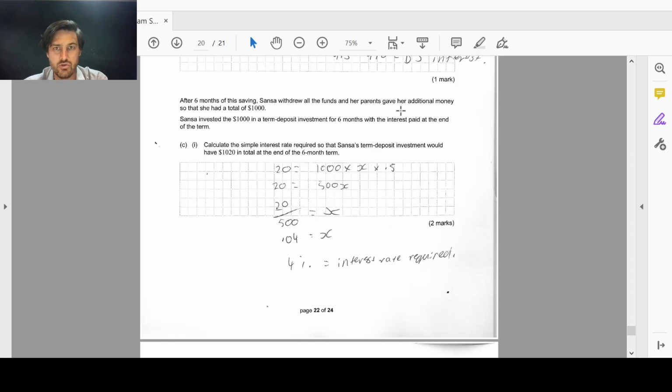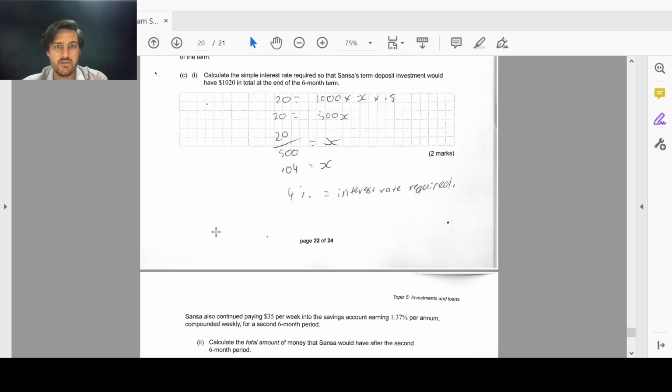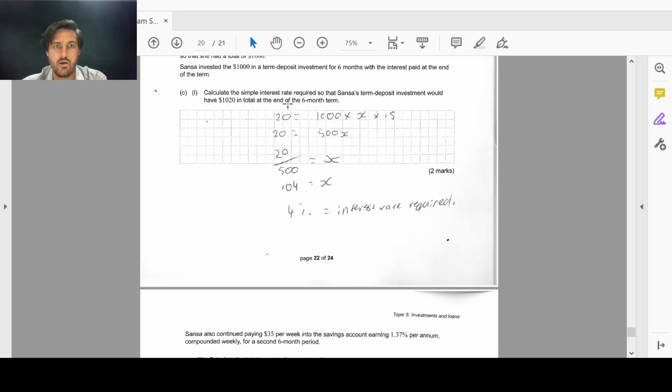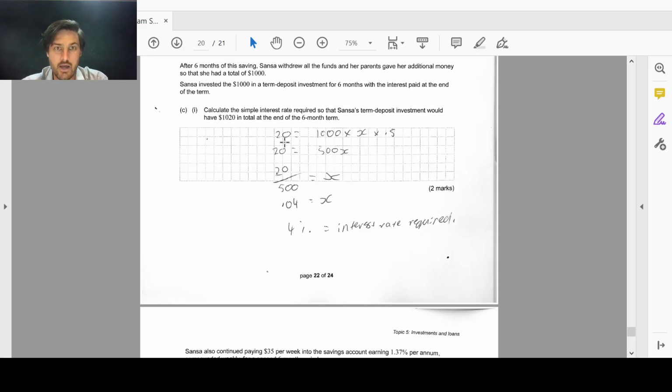She withdrew all the funds, her parents gave her additional money, so she had a total of 1,000. She invested the 1,000 in a term deposit investment for 6 months with the interest paid at the end of the term. Calculate the simple interest rate required. Okay, so this one is just saying if this is going to be her goal, which is $20 in interest, so she's only earned $20 in interest, saying she started with 1,000.